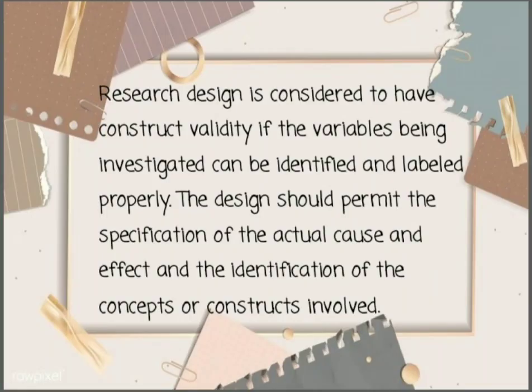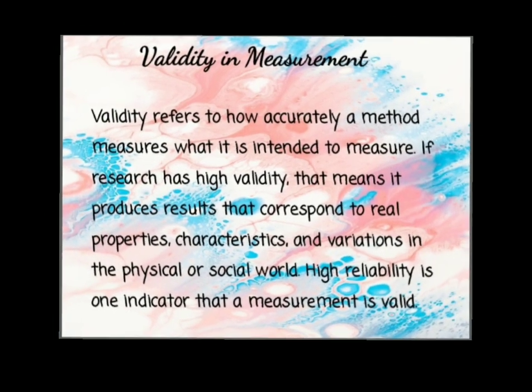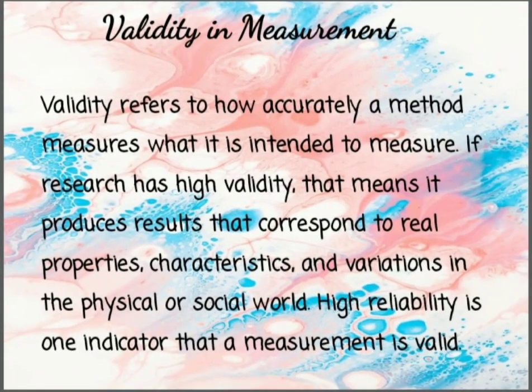Research design is considered to have construct validity if the variables being investigated can be identified and labeled properly. The design should permit the specification of the actual cause and effect and the identification of the concepts or constructs involved. We have here the validity in measurement.